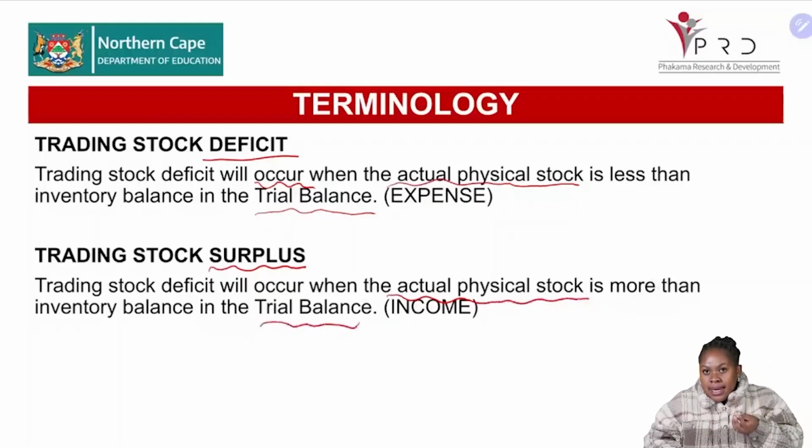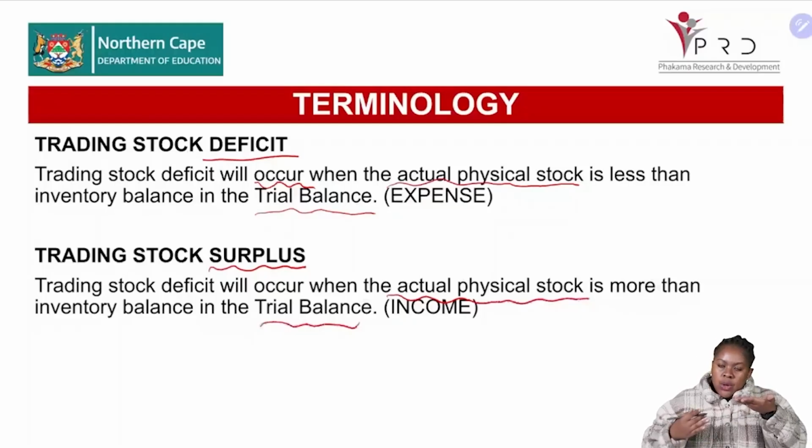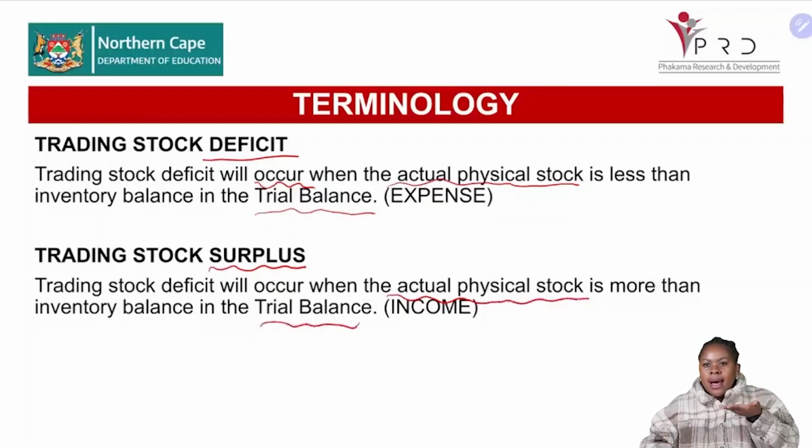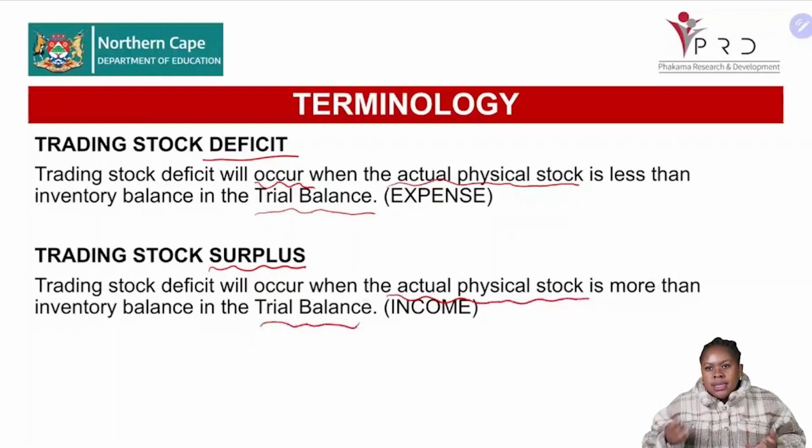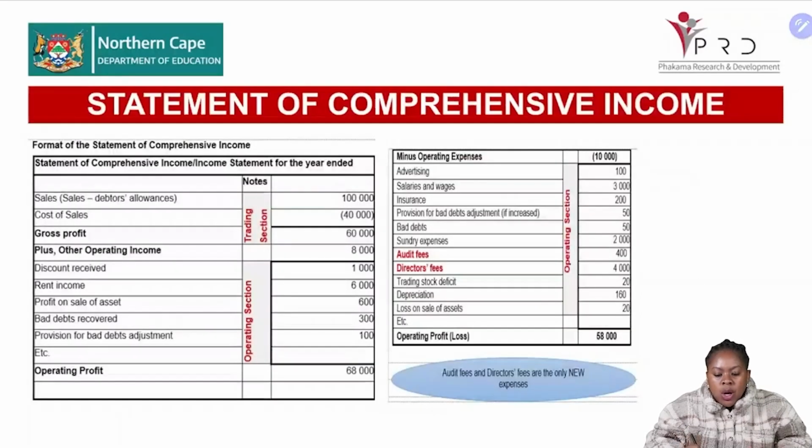So in the trial balance, you will have 100. Then in your physical stock, you count 120. Now you are gaining 20 more, or 20 rand more, of the stock that you had actually not anticipated. Therefore, it's an income. Okay, so that is the story between our terminology.